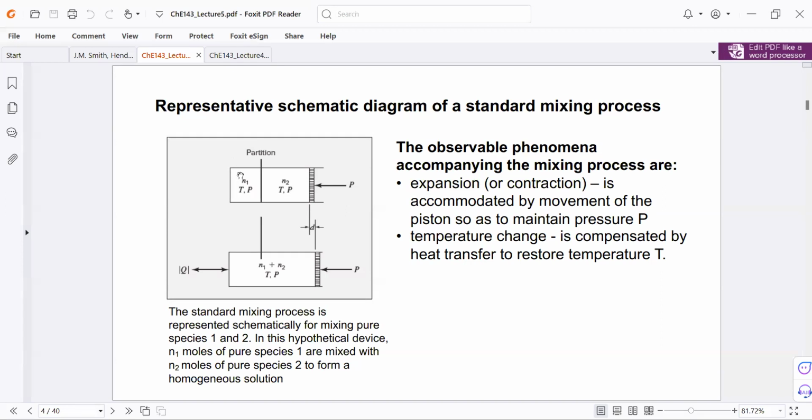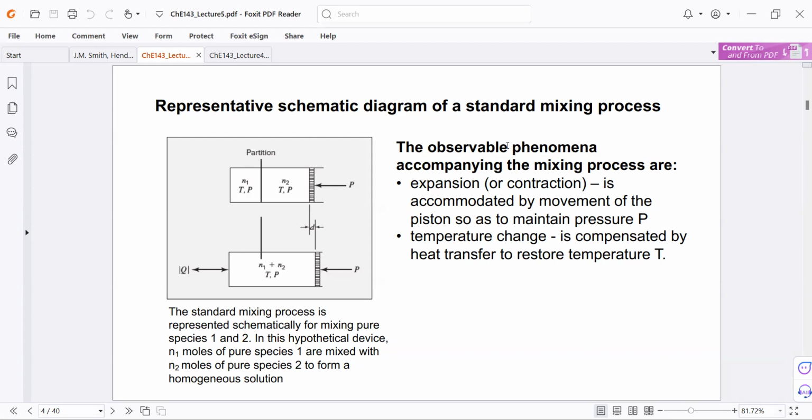N sub 1 represents the number of moles of species 1 and N sub 2 represents the number of moles of species 2. They are both at a certain temperature and pressure. There's a piston right here that closes the compartment, so there's an applied pressure here. And as I mentioned, initially there's a partition that separates the two species.